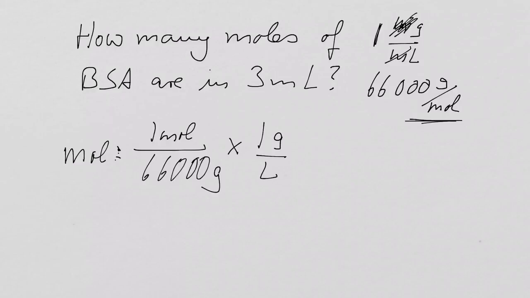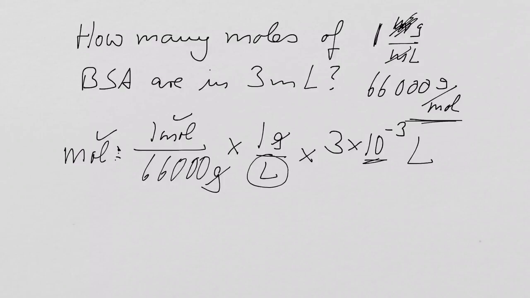Okay? So, mole is in the right place. My grams cancel out. What's in the way? It's the liters, these guys here. Do I have anywhere something with liters? I have 3 milliliter, so that I can write as 3 times 10 to the minus 3 liters.